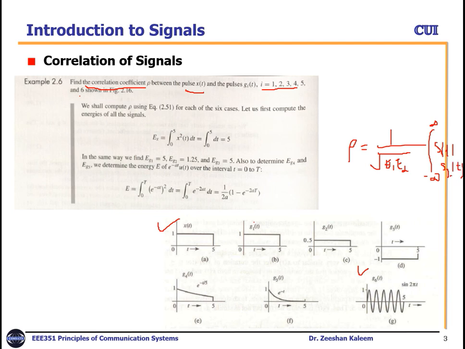In this case we need the parameters. The first one is the energy of the two signals. So how do we calculate the energy?